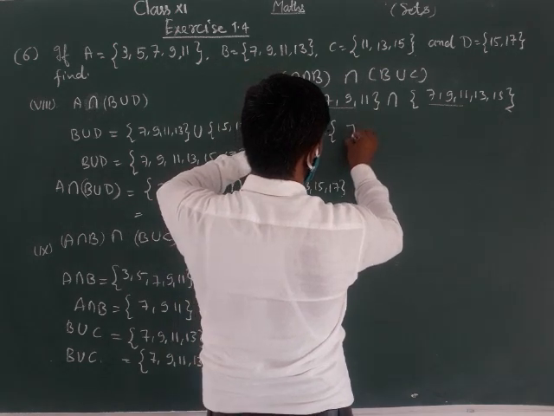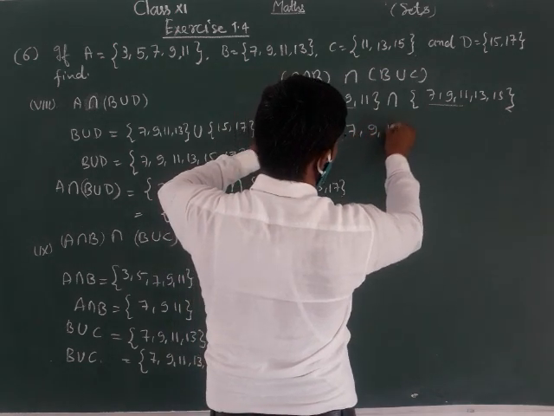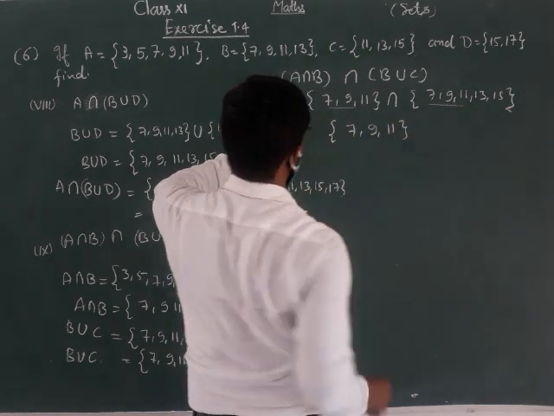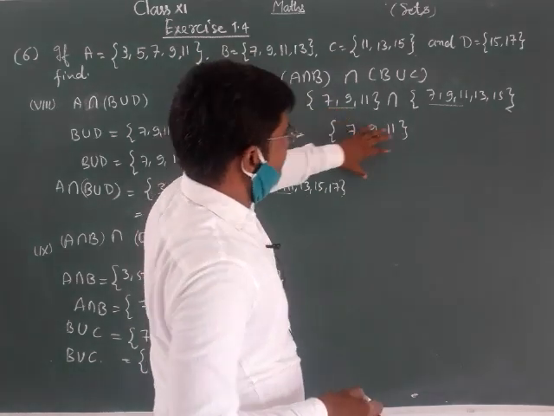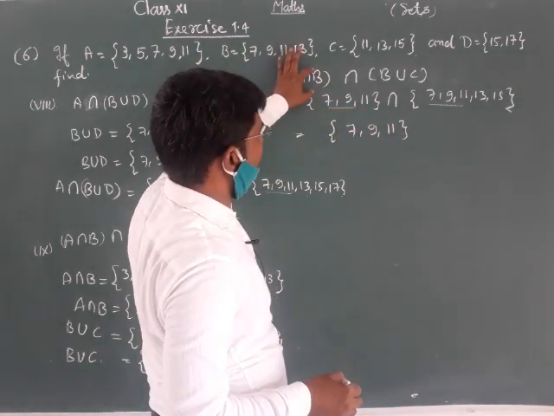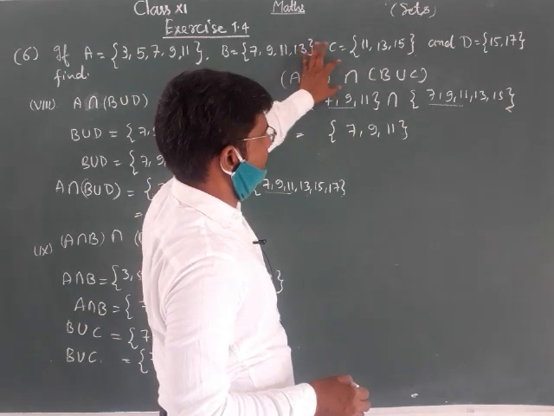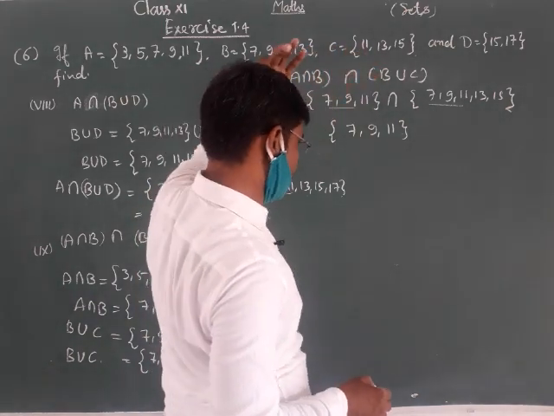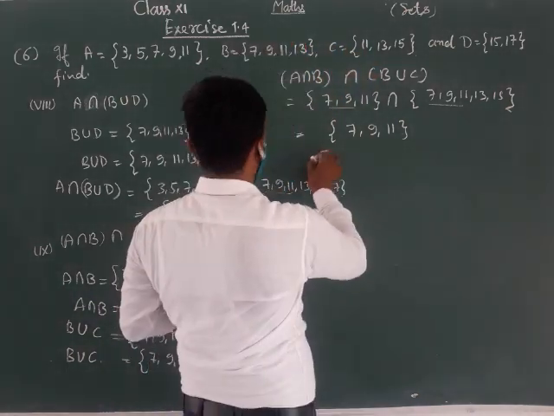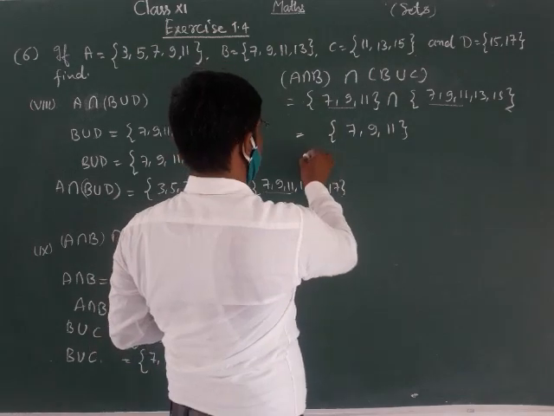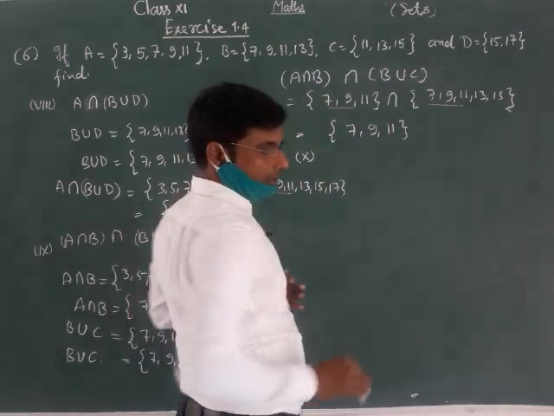So 7, 9, 11. These are the elements of set A intersection B union B intersection C. And at last, part 10.